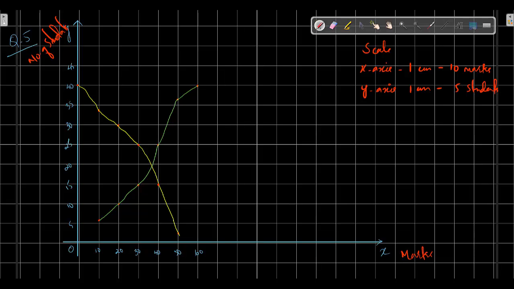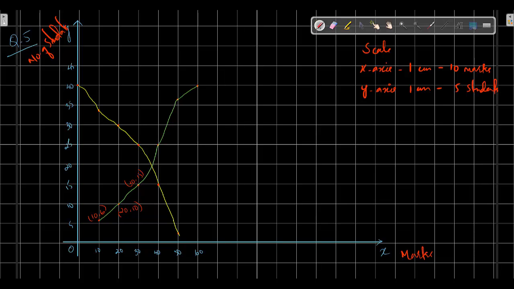We can write down here, this is 10 and 6. Next coordinate, this is 20 and 10. Next, this coordinate is 30 and 15.